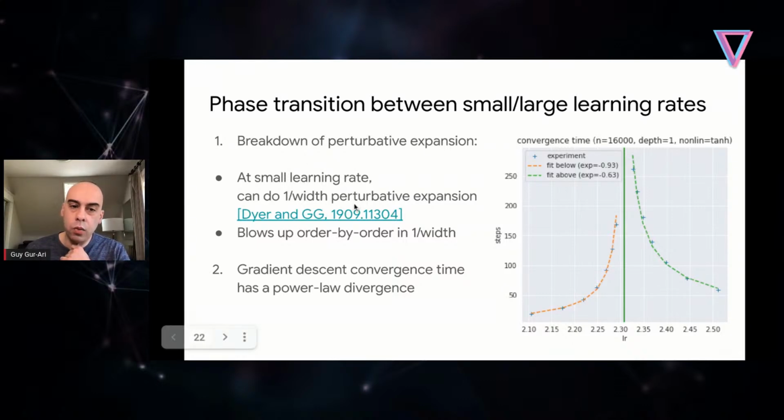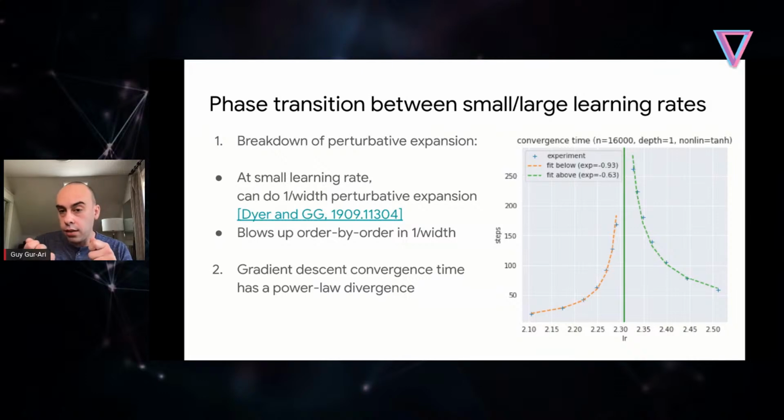One is that we know from physics that when there is a phase transition, it's often accompanied by a breakdown in perturbative expansion, in Taylor expansion. What I mean by that is we have one regime where we can do a Taylor expansion in our parameter, and if we have enough orders in this expansion, that's going to be a good approximation to whatever we want to measure, let's say the way the function behaves during training.